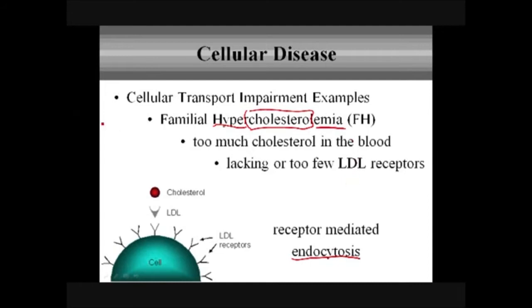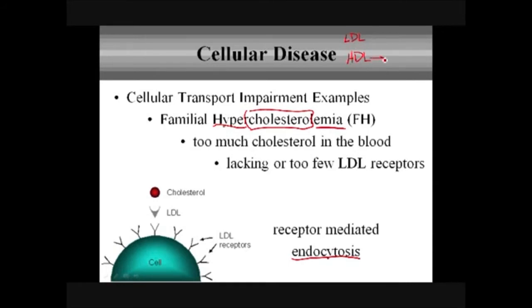And I just want to, on a side note, talk about LDL versus HDL. LDL is our low density lipoprotein, while HDL is our high density lipoprotein.